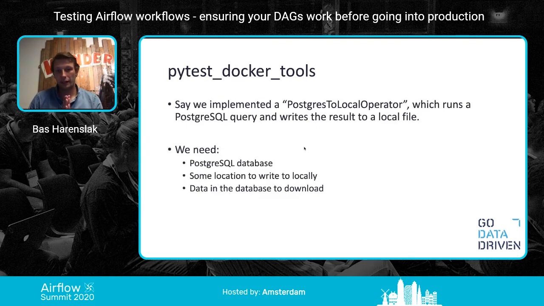So say we implemented a Postgres to local operator. So you run a query on a Postgres database and you write the result to your local file system. So we have a couple of components. We have Postgres and we have our local file system, and we somehow need to test if this thing works.